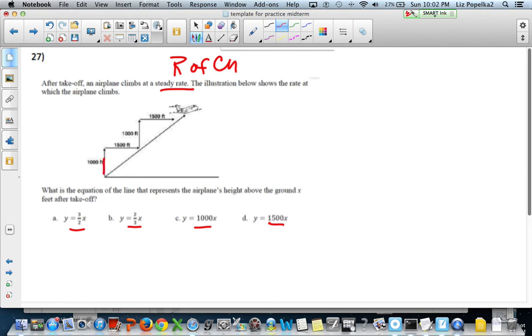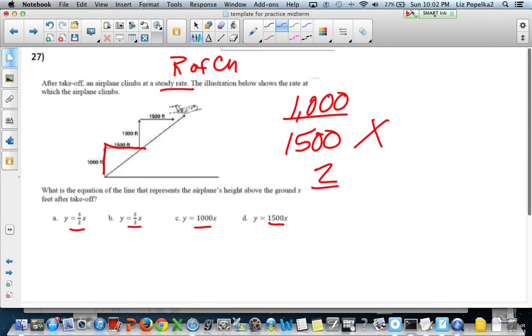Rate of change is your change in y, so you're up and down, over your change in x. So 1,000 over 1,500 is going to be your rate of change. So 1,000 over 1,500 simplifies to 2/3 x, because if you divide 1,000 by 500, you get 2. If you divide 1,500 by 500, you get 3. So that means it is going to be that one right there.